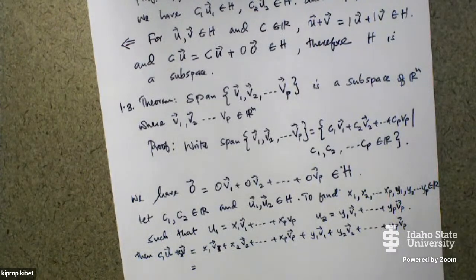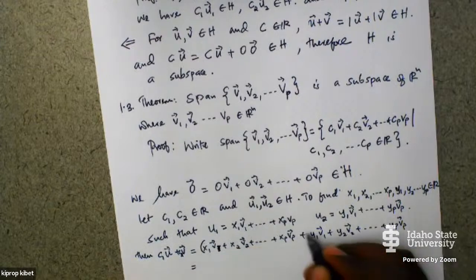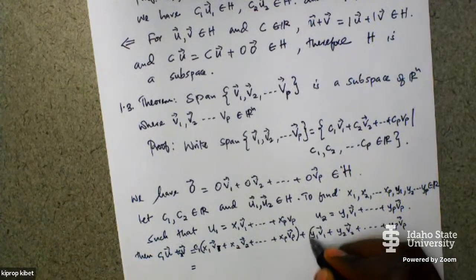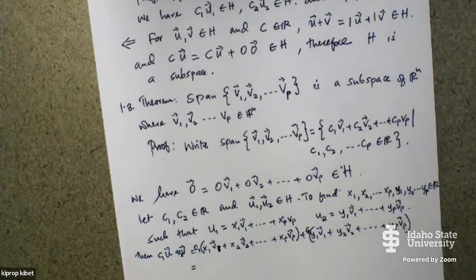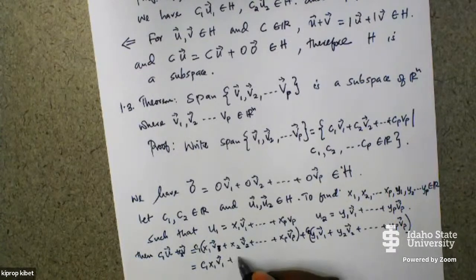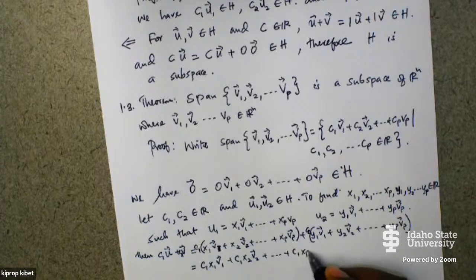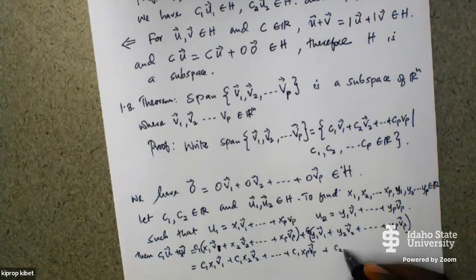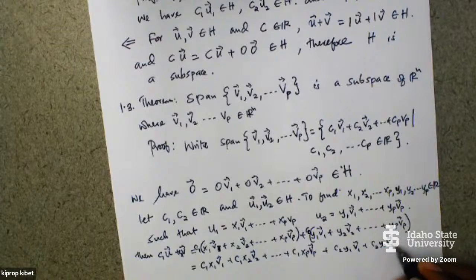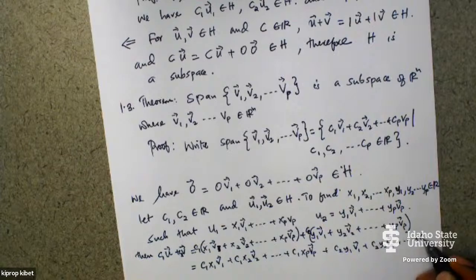When we multiply this one by c1 and this one by c2 and open the brackets, it is c1 x1 v1 plus c1 x2 v2 plus c1 xp vp plus c2 y1 v1 plus c2 y2 v2 plus c2 yp vp.